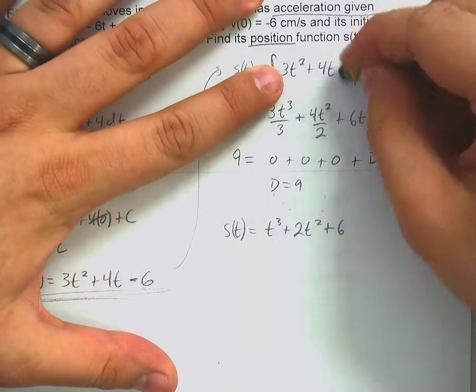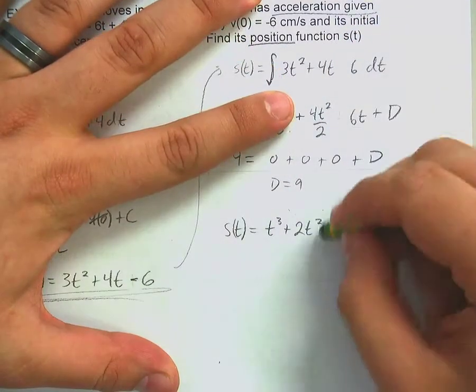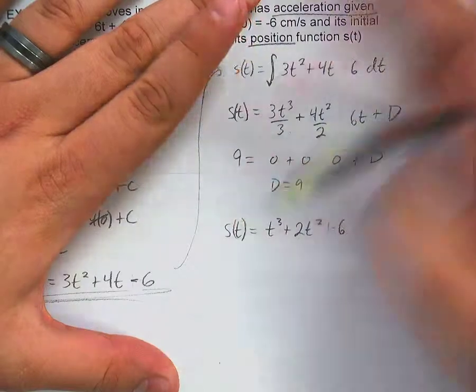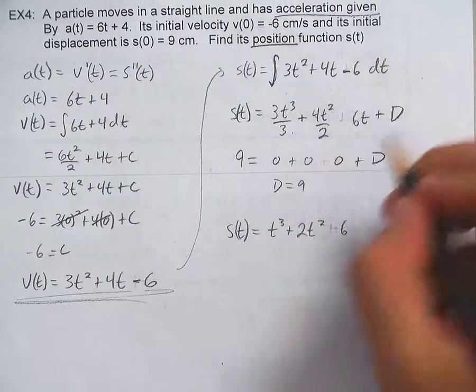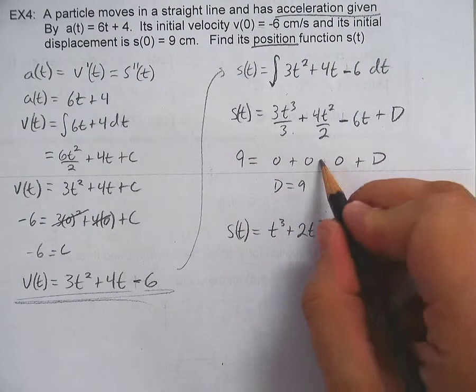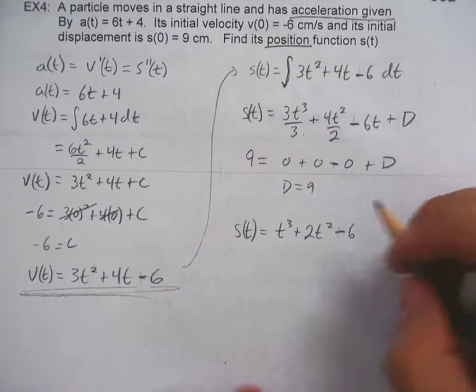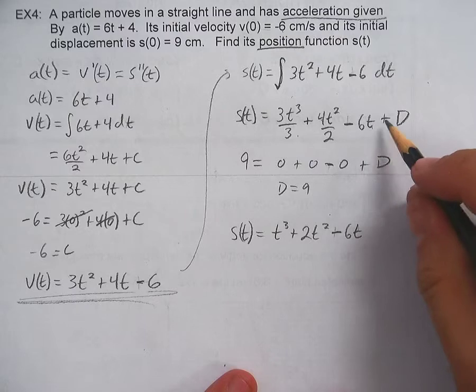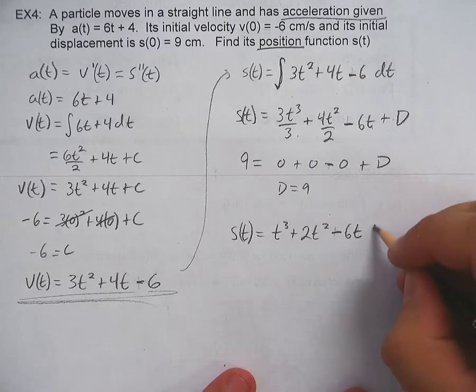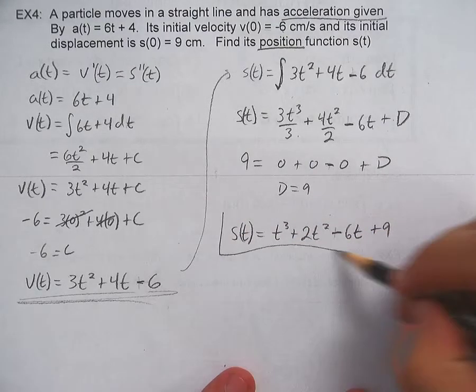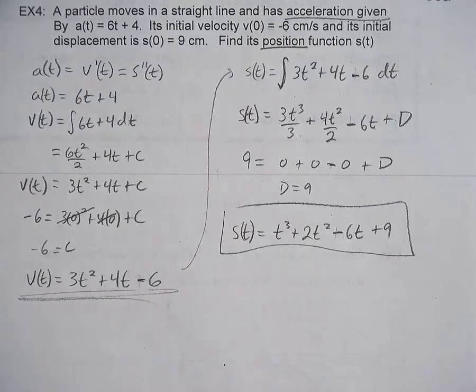So minus, minus, and minus. Minus is everywhere. I'm so sorry. I should have caught that. I did catch it. I should have caught it sooner. Minus 6t plus 9. And that, my friends, my dear students, my pupils, is antiderivatives.